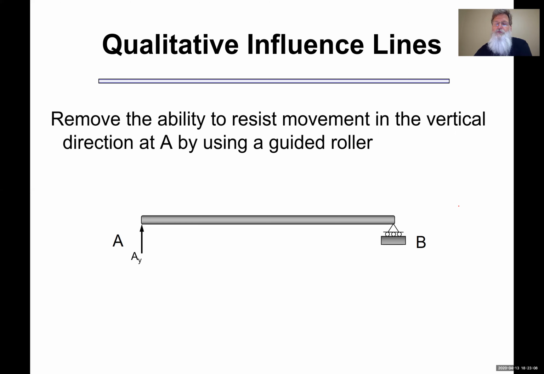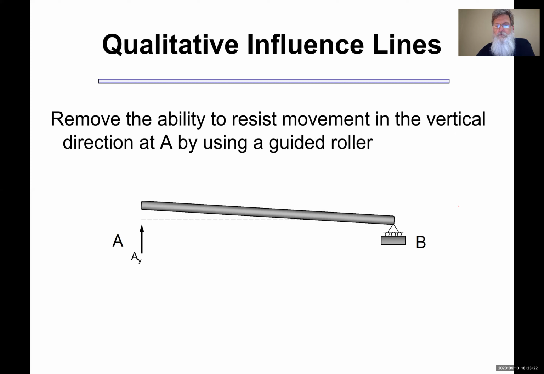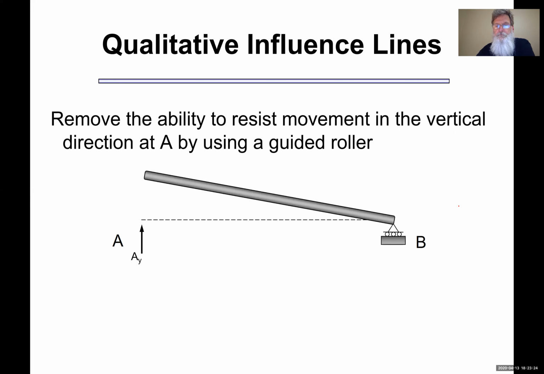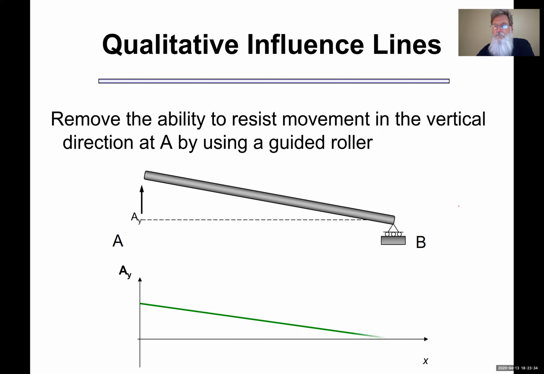Looking at that situation, how would that structure move? Well, if I'm pushing up, assuming my reaction is up, the left edge of the beam would move up and the beam would then pivot like this. So the shape of the deflected beam under this Mueller-Breslau hypothesis becomes the shape of the influence line.